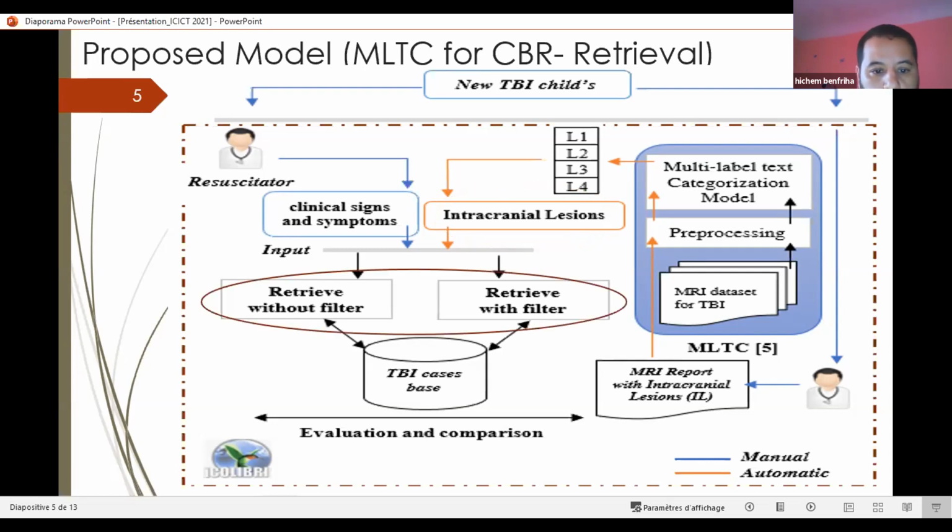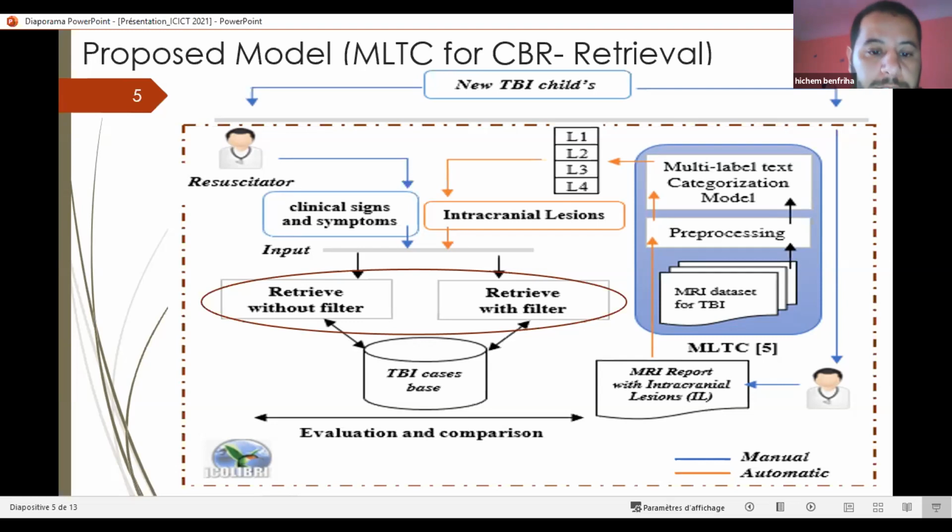Now, to evaluate our approach, we experimented with two scenarios, as shown in the figure. Retrieval without filtering represents the standard retrieval step of the CBR cycle on the TBI case base, and retrieval with filtering represents the retrieval step on the reduced TBI case base according to the lesion values returned by the MLTC framework.